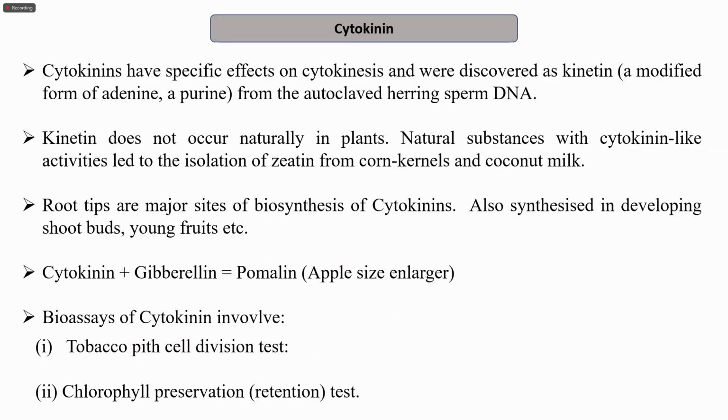Second type of plant growth regulator is cytokinin. The term cytokinin, we know, was discovered by Skoog and Miller, where they saw that in tissue culture there is cytokinesis, observed by Skoog and his co-workers, who found that when the damaged DNA was used, then cytokinesis is promoted.